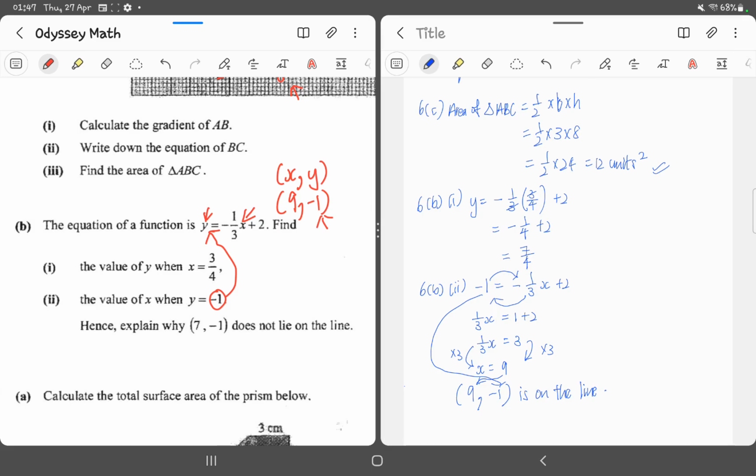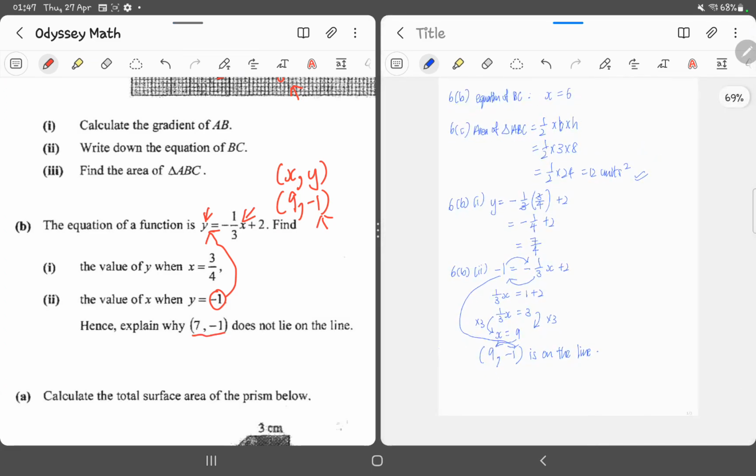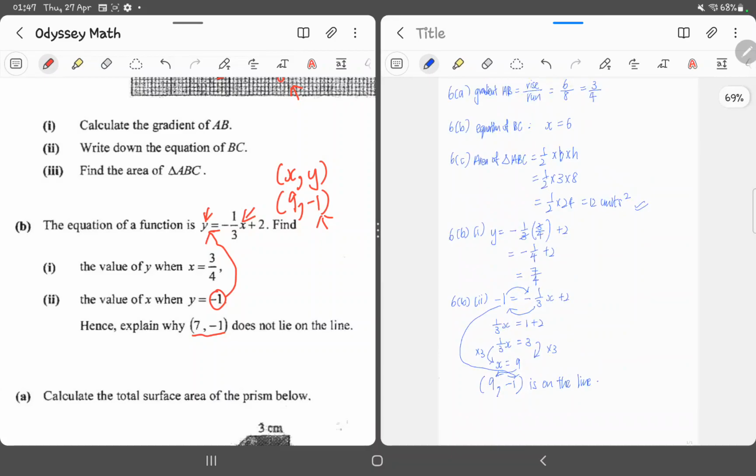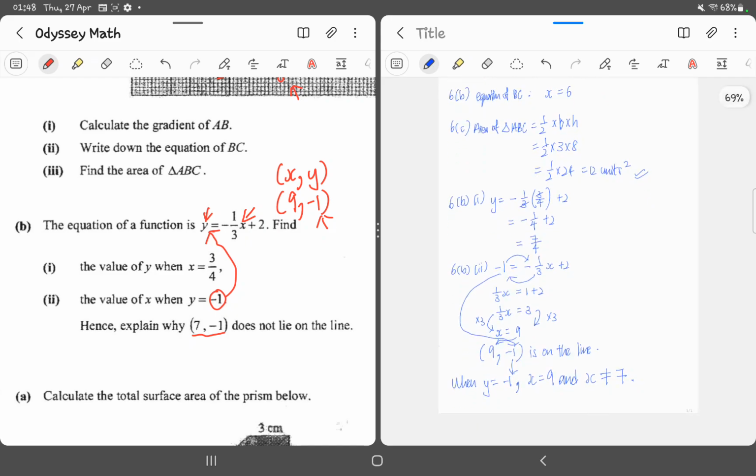The question here asks, explain why (7, -1) does not lie on the line. Well, that's because when y equals -1, x equals 9, and x is not equal to 7. In that case, when y equals -1, x is equal to 9, and x is not equal to 7.